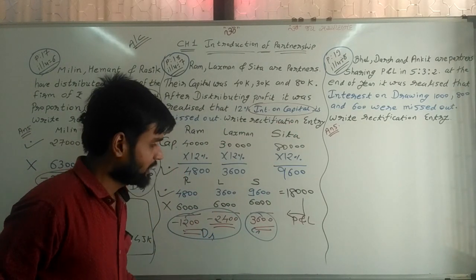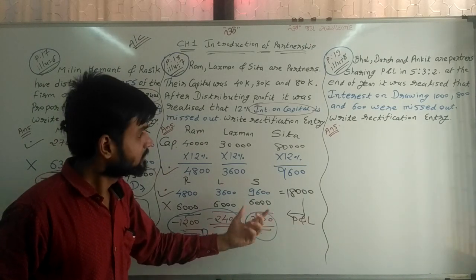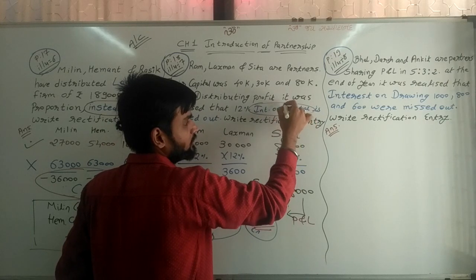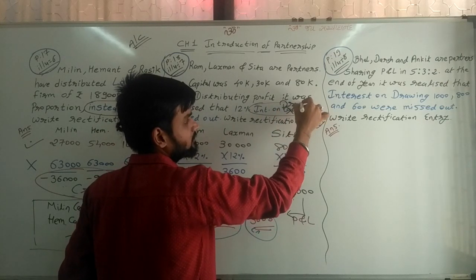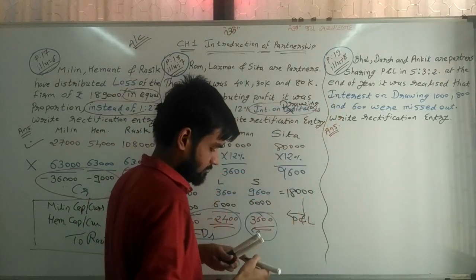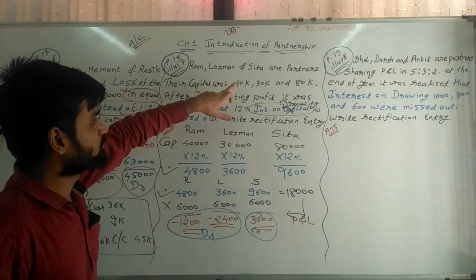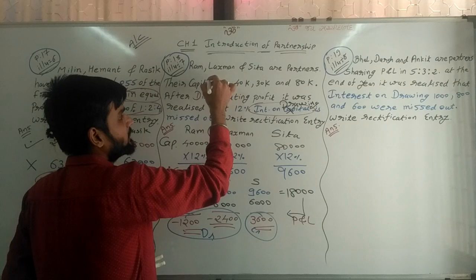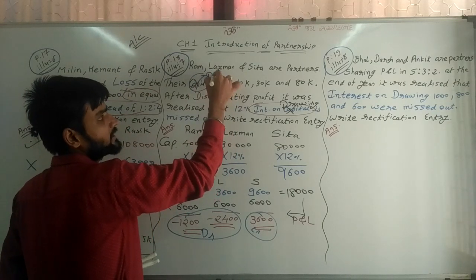And if, instead of that, interest on drawing is given, and this 40,000, 30,000 and 80,000 is drawing information given, it is not capital. Suppose it is a drawing.